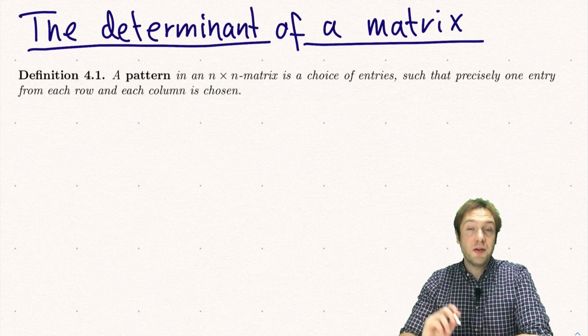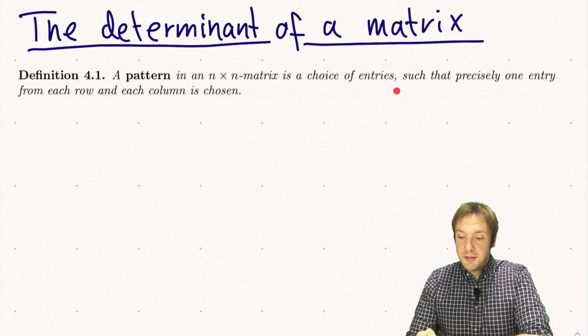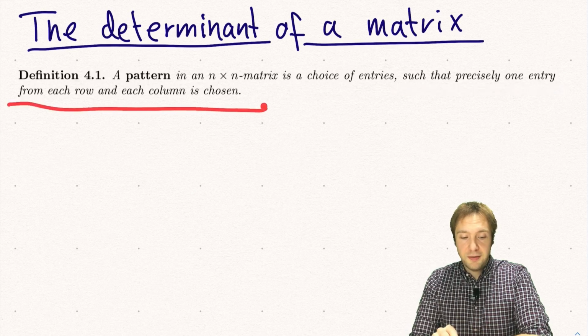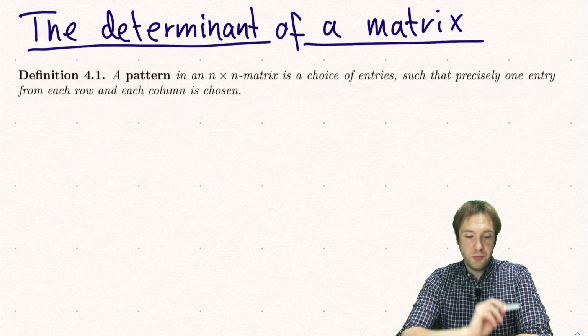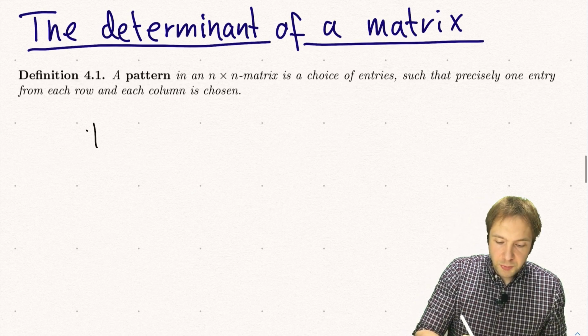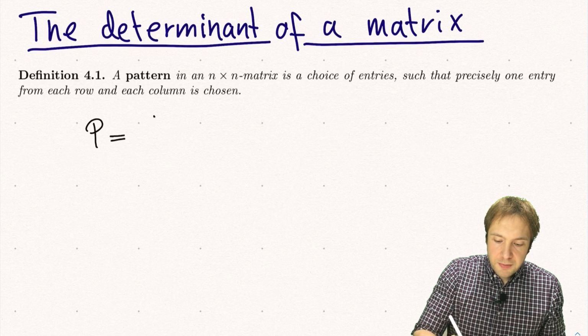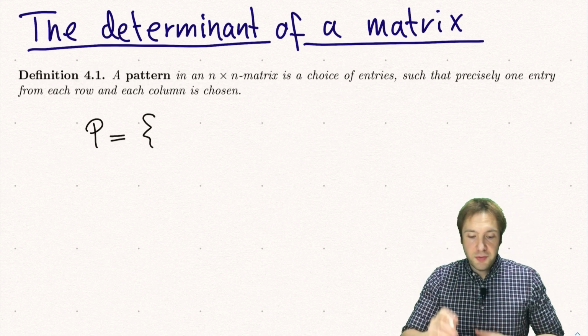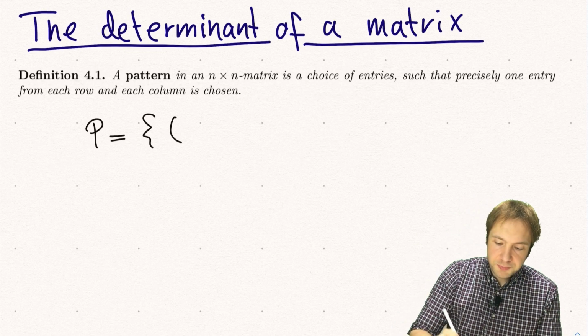So I choose different entries of this matrix such that I choose exactly one entry of each row and one column. And the pattern we will denote by P. So it's a collection of entries, of positions in the matrix.